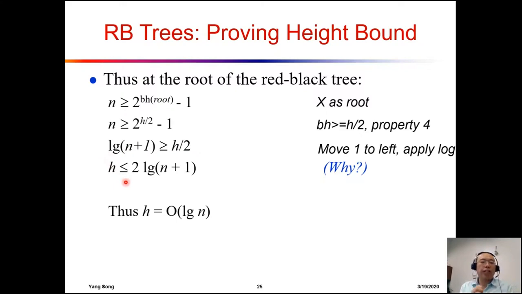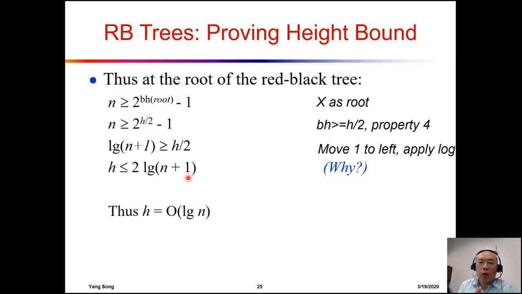So h is smaller than or equal to 2 log(n+1). What is that? We have proven an upper bound of h, and that is O(log n), because we can drop the 2 here, we can drop the 1 here, they are both constants.